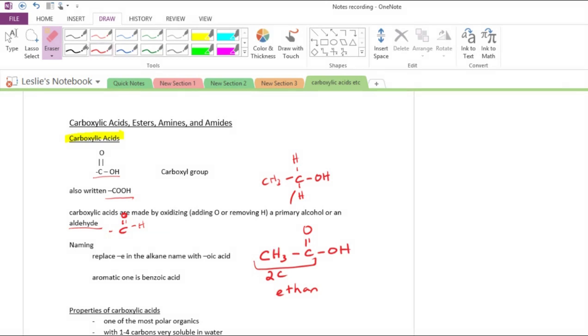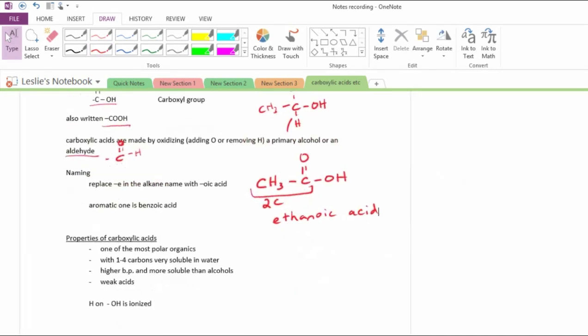So we take off the E and make it oic acid. And if we had any branches, we would treat them just the same as we did with the others, but we're probably not going to see very many branches.